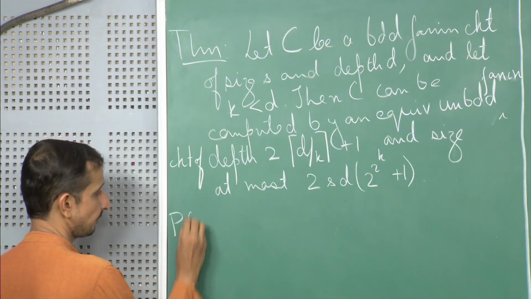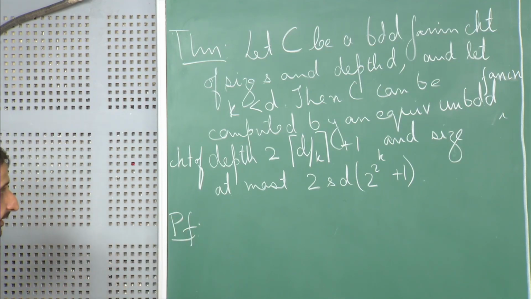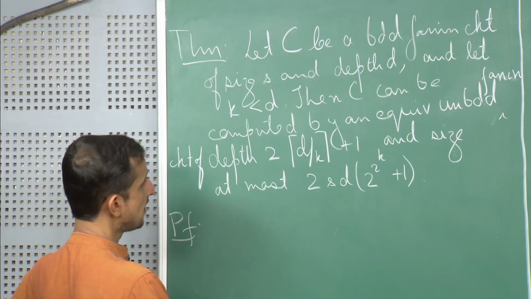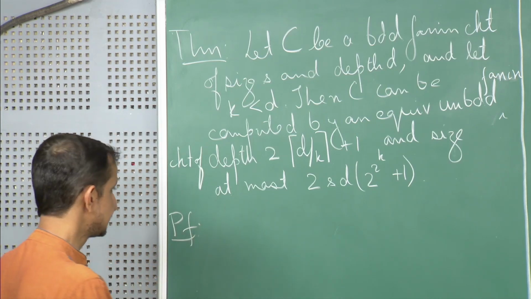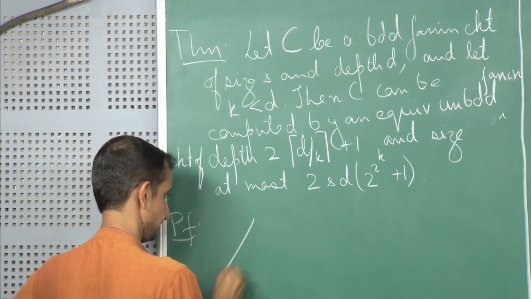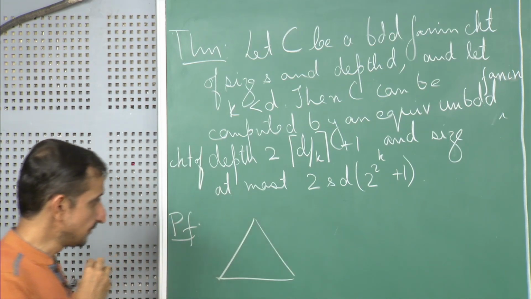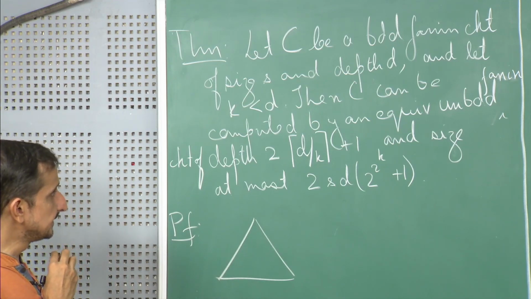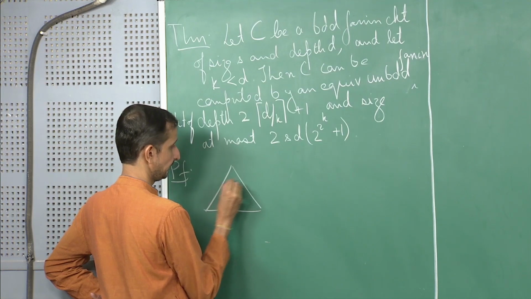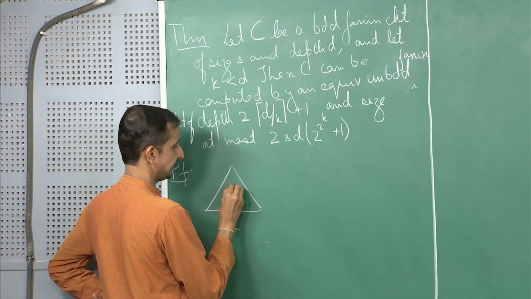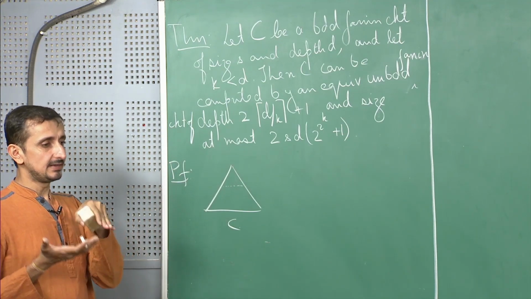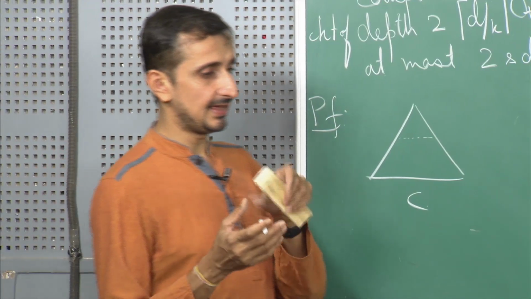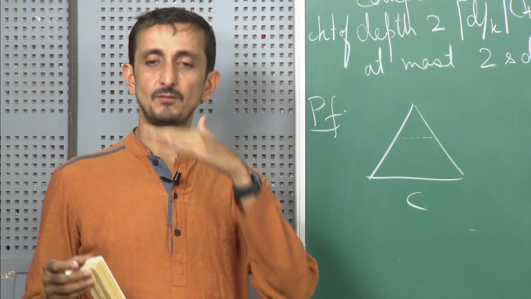The idea of the proof is quite simple. So we have this circuit C, and let me draw a picture first. Let us say that C is layered. By layered, what we mean is that every edge of the circuit goes from one level to another.